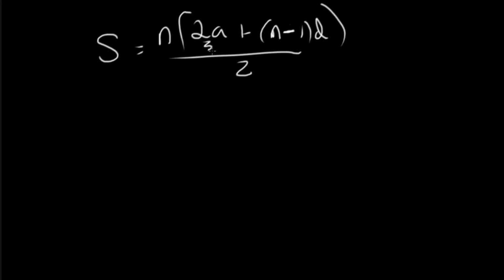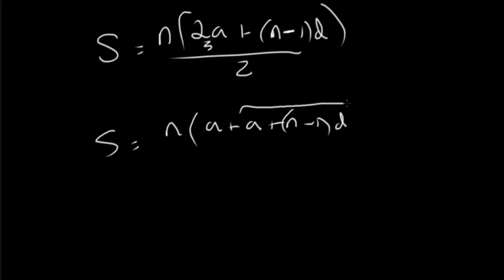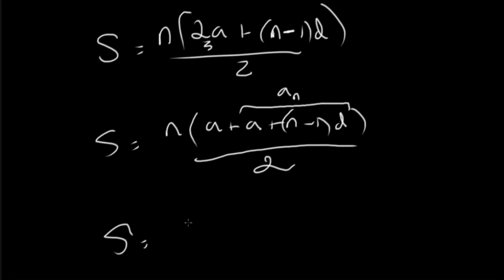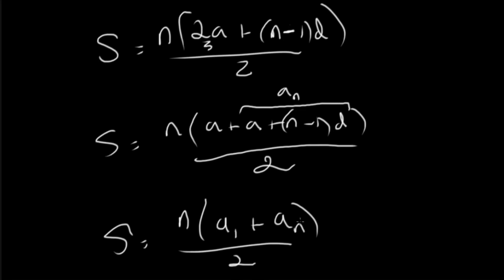But if I split the 2A up into A plus A, and I kind of regroup, what is A plus n minus 1 D? That is the nth term, that's a sub n. So the sum of an arithmetic sequence is n times a1 plus an, all divided by 2. That's kind of cool. There you go.